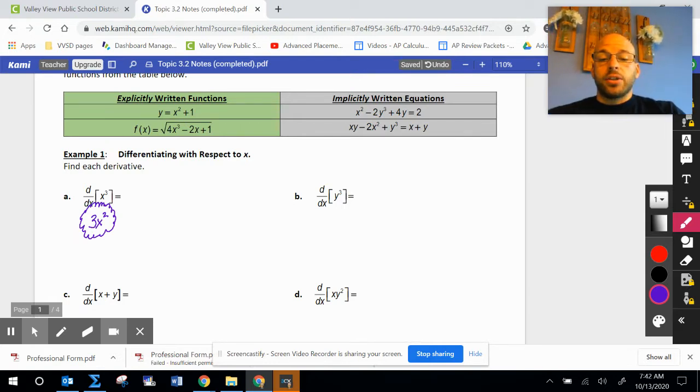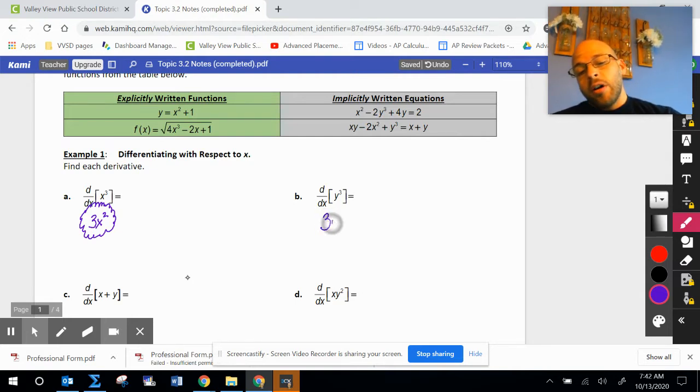But for answer B, your answer is not 3y squared. We do take the derivative very similarly, but look at the outside. We're supposed to be taking the derivative with respect to x. There are no x's in my problem, there's a y. So when I take the derivative of y cubed, I start off with a 3y squared, the same way I would with x.